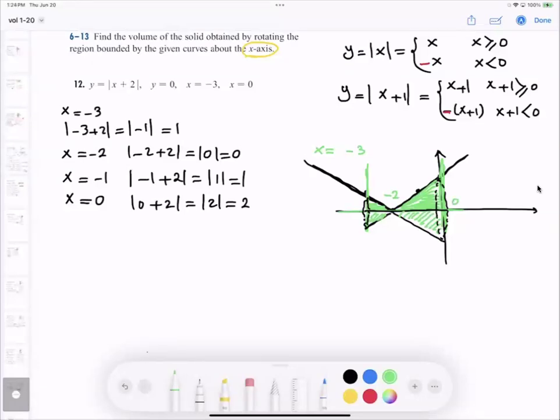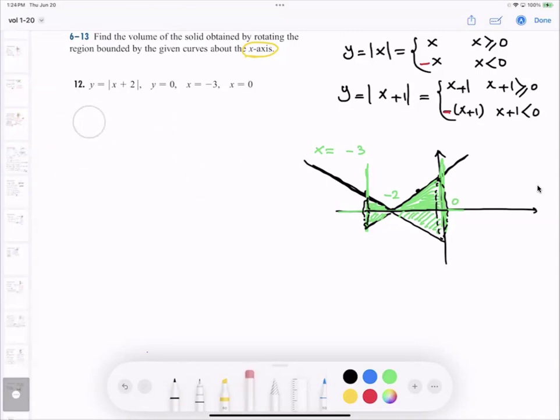Very good. So take a look. We can divide this up into 2 pieces. I'm going to erase the unnecessary portion. This can be the integral from -3 to -2, then -2 to 0, because of the behavior of our graph due to the absolute value, right?